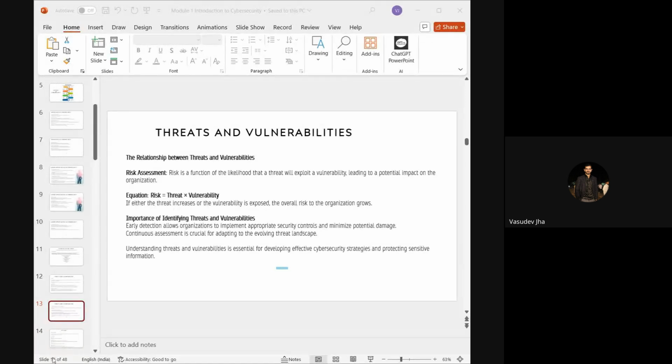It will lead you to early detection and allow organizations to implement appropriate security controls, minimizing the potential damage. Continuous assessment is crucial for adapting. So basically, with the help of risk assessment and understanding the threats and vulnerabilities, we can mitigate any potential attack.